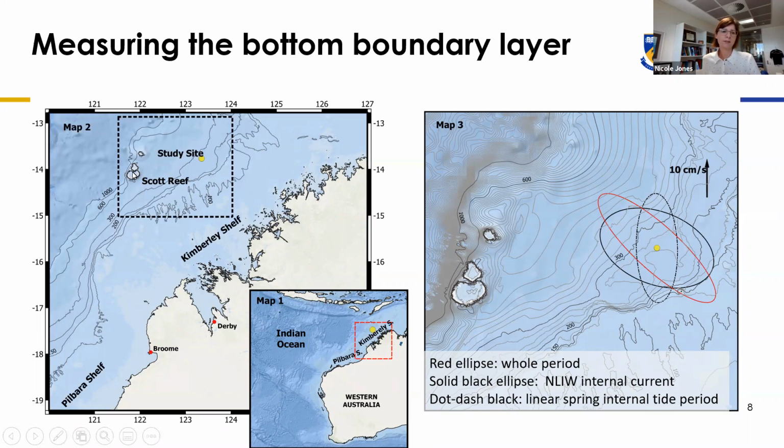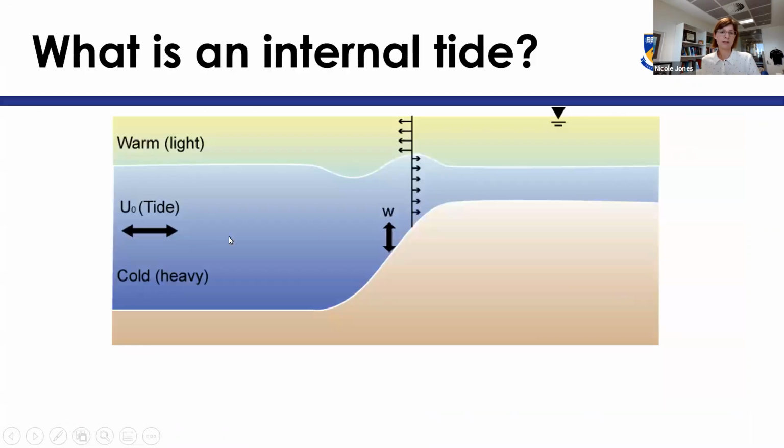And this is Scott Reef, and there are some other smaller reefs out around this area and around the 200 metre contour as well. And this area is an area which is macrotidal, so there's very strong surface tides. We also have a very strong internal tide climate, and then these internal tides are being transformed in the shallow water as they steepen into nonlinear internal waves. So quite complex forcing.